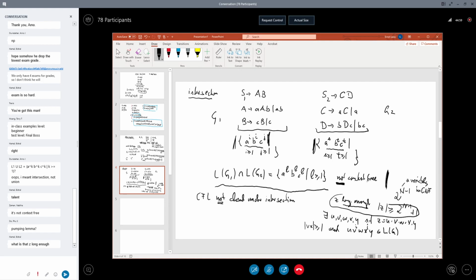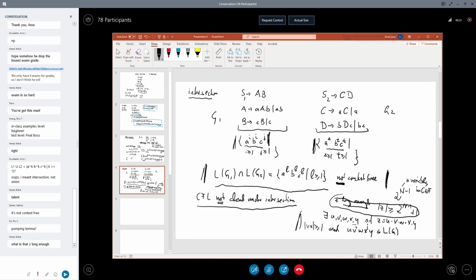In that case, you have this property, and that allows us to show that this language is not context-free. And because this language is not context-free, and it clearly is the intersection of these two context-free languages, it follows that context-free languages are not closed under intersection.